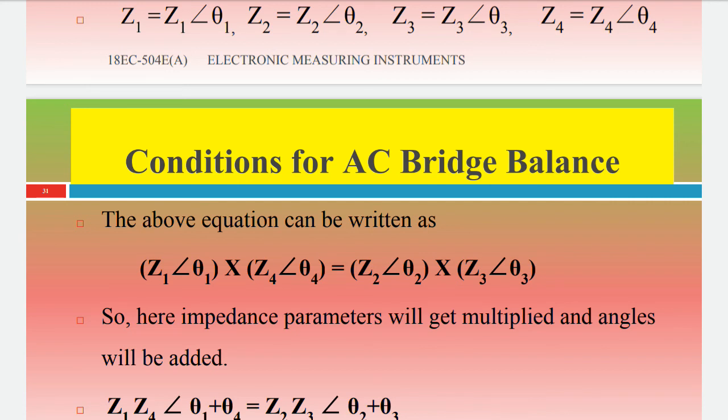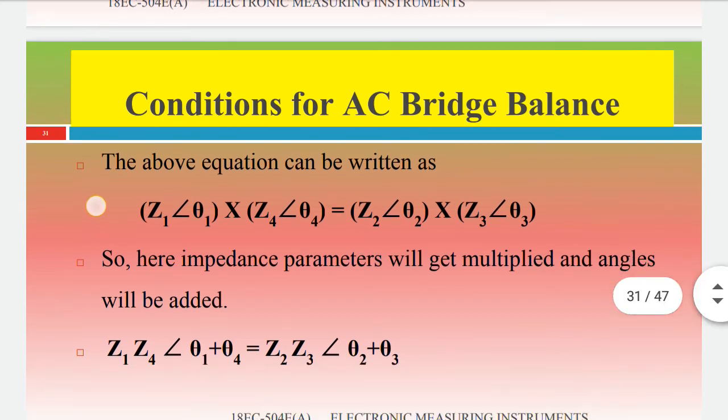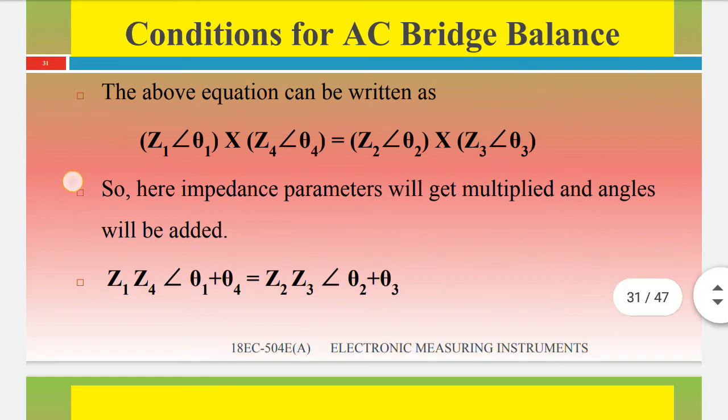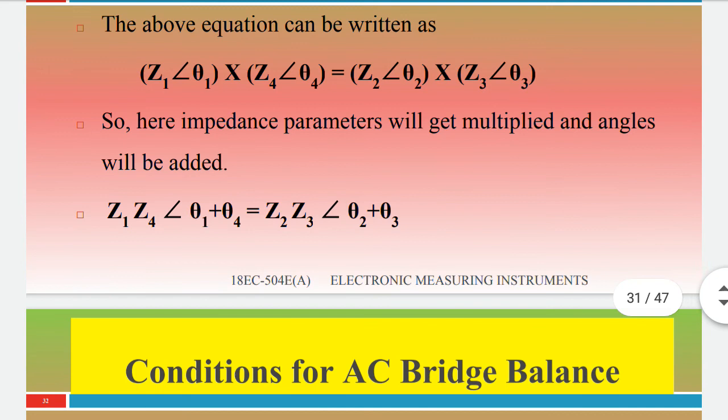Here the impedance magnitudes get multiplied and the angles get added. That means Z1 Z4 angle theta 1 plus theta 4, because the angles are added, is equal to Z2 Z3 angle theta 2 plus theta 3. This is the equation.